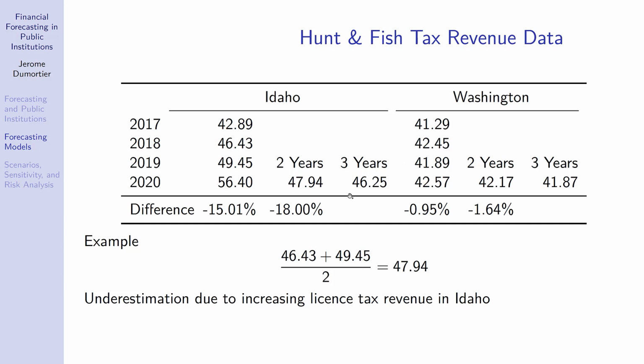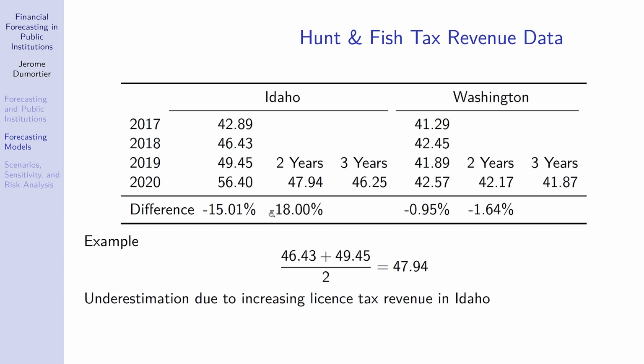If we do a 3-year moving average, that would be the average of the last 3 years from 2017 to 2019. Note that we have a difference here in terms of the predicted values relative to the observed values. That is, the 2-year moving average is 15% lower than the observed value, and the 3-year moving average is 18% below the observed value.